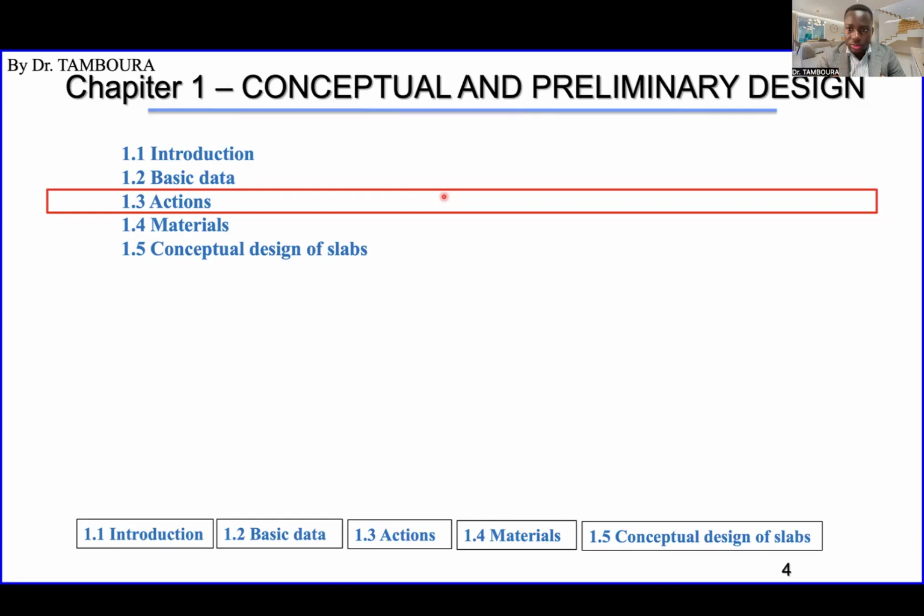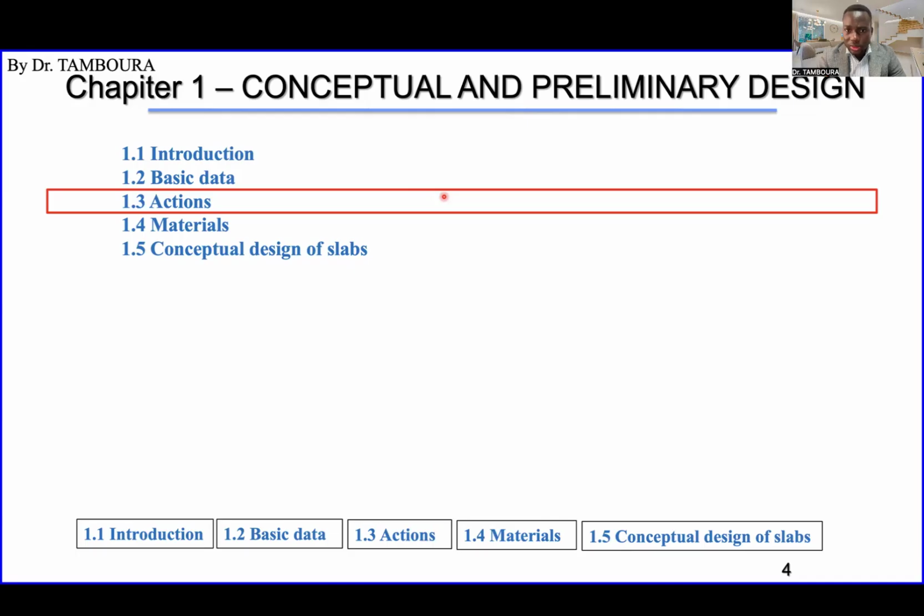Vertical and horizontal forces. So for the vertical forces, it will be mainly the permanent load, like the self weight of the building itself, and imposed load, and other loads due to maybe exploitation of the building.